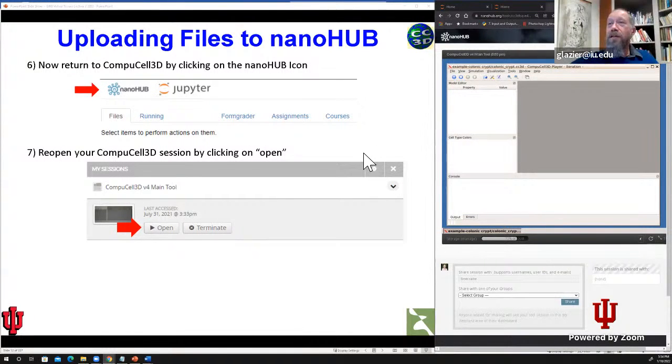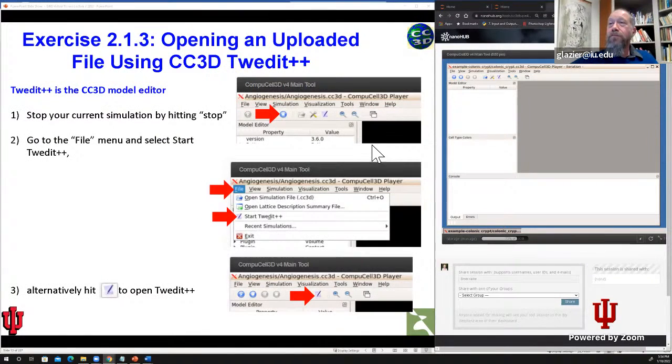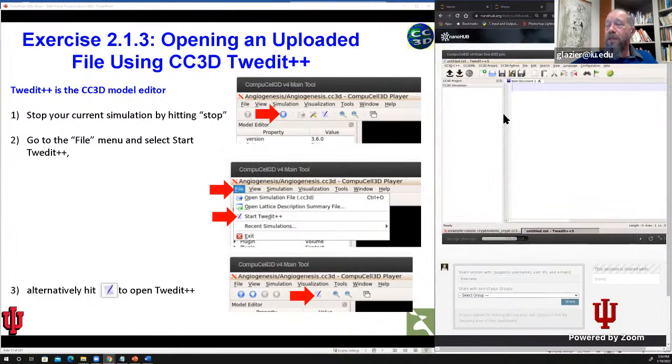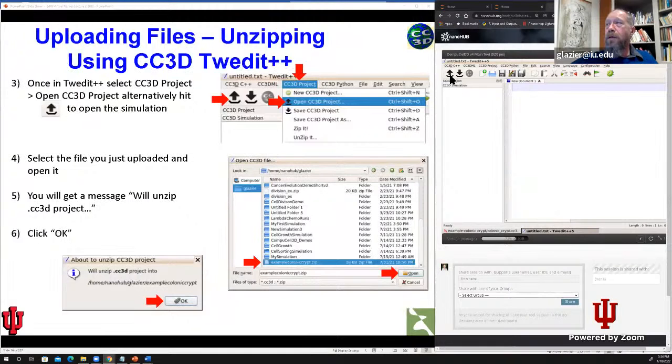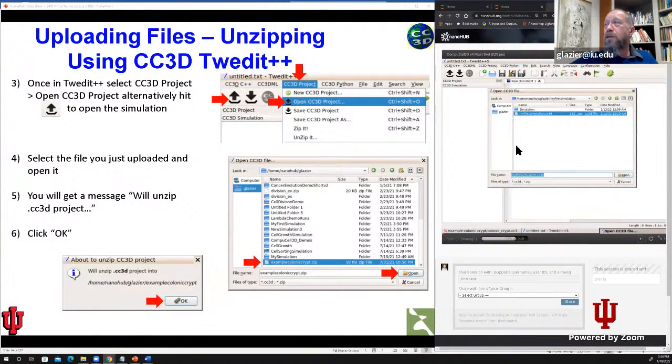So inside of CompuCell, we want to go to Twedit, the model editor. And then inside of the model editor, we can hit Open Project.